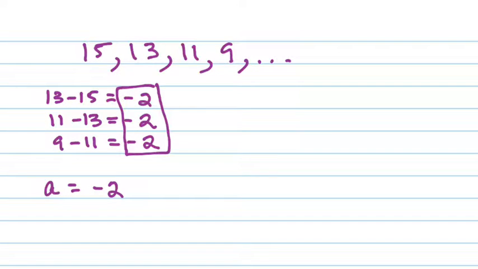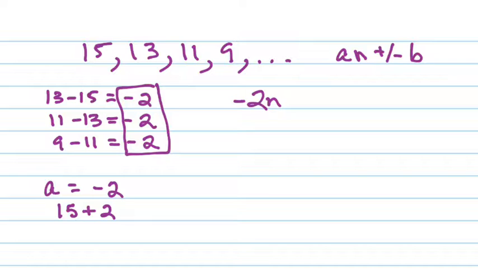Always identify your A, your common difference. It's really important that you see that because that's the thing that tells you that it is indeed a linear pattern. Then we'll put that negative 2 in front of our n. And now I need to find the B part of it. Remember, because it's A times n plus or minus our B. And all I need to do, since it's negative 2, is take the first term and add 2.